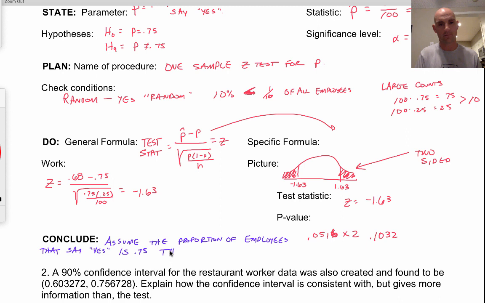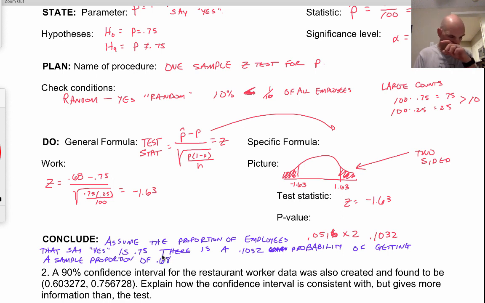There is a 0.1032 probability of getting a sample proportion, which is what the manager got, a sample proportion, catch this, guys, of 0.68 or further, right?